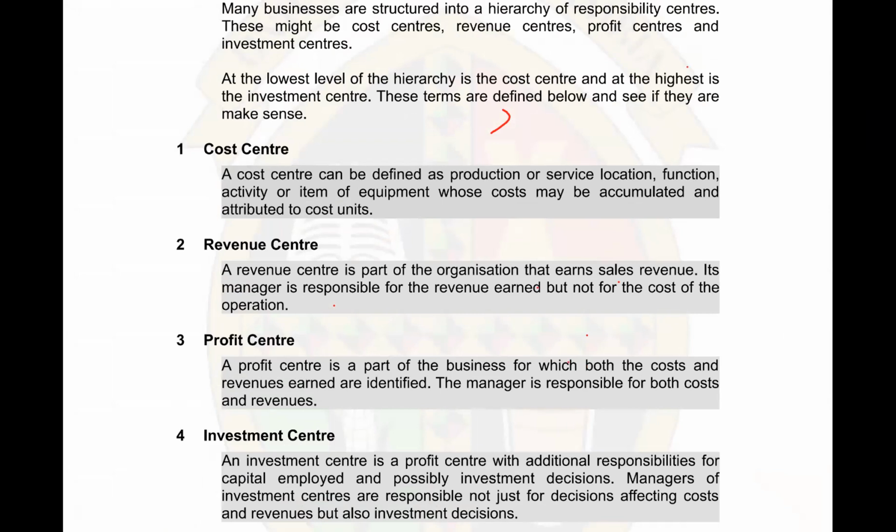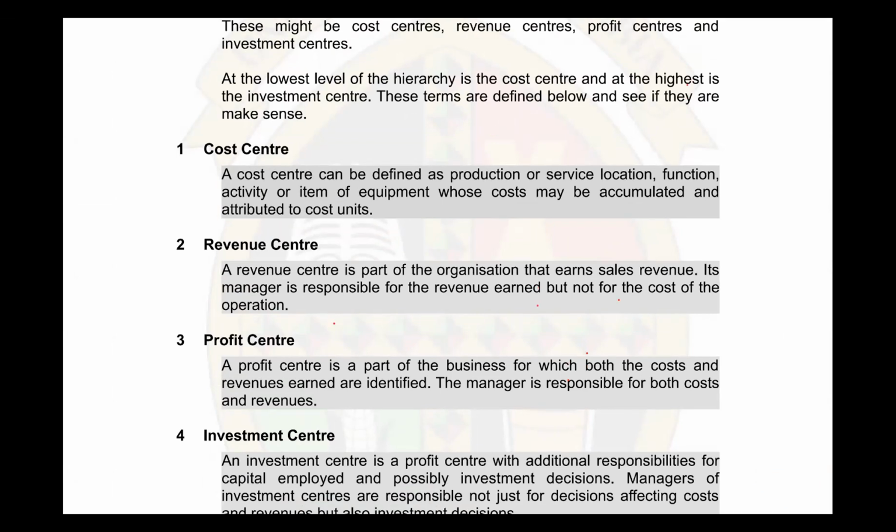Okay. So now, the other terms that you have to understand are the following. A cost center, you should understand what a cost center is. A cost center can be defined as a production or service location, function, activity, or an item of equipment, especially whose costs may be accumulated and attributed to the cost unit.